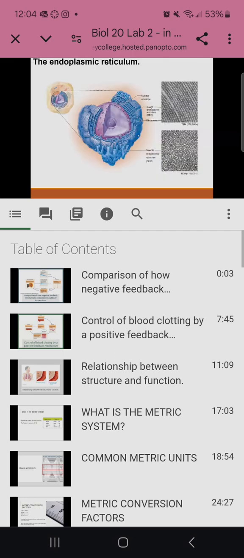The next image, everyone, is showing us the endoplasmic reticulum. We have rough endoplasmic reticulum and smooth endoplasmic reticulum. Do you all see the difference between the two? One has ribosomes, and the other one doesn't. Basically the job is to produce proteins that the body needs so that it can do the function of the cell, okay?